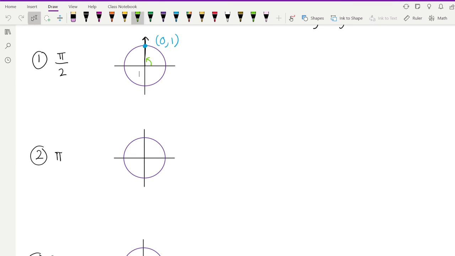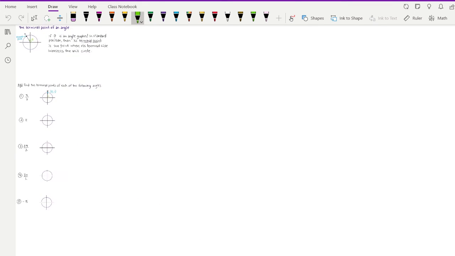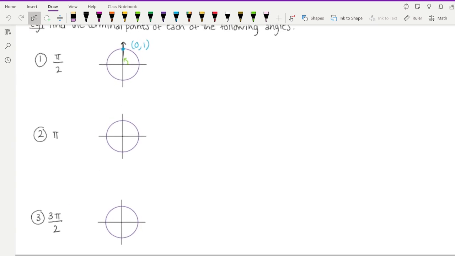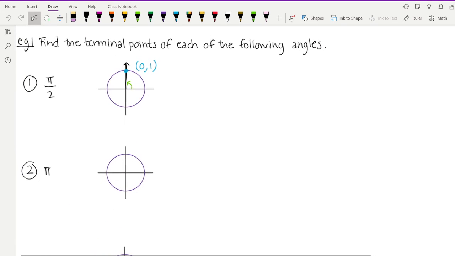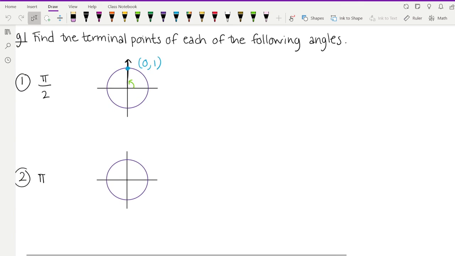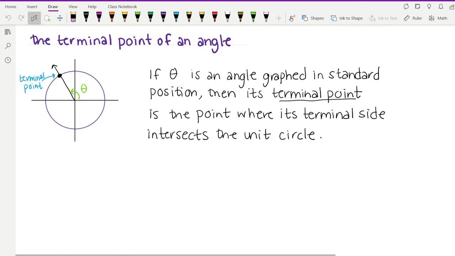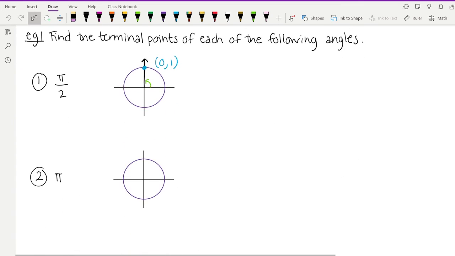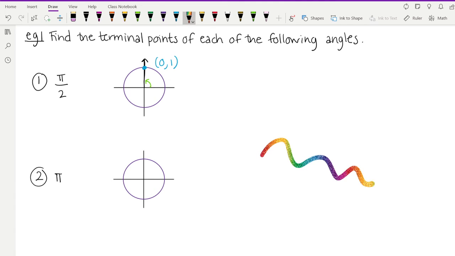Okay, so next up we have an angle of pi.